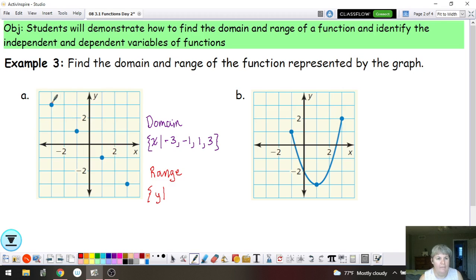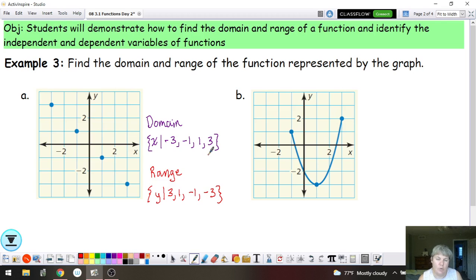So we have a y value of +3, a y value of +1, a y value of -1, and a y value of -3. So these are my sets. X values of -3, -1, 1, and 3. My range are values 3, 1, -1, and -3.